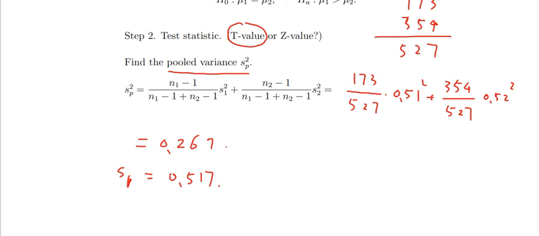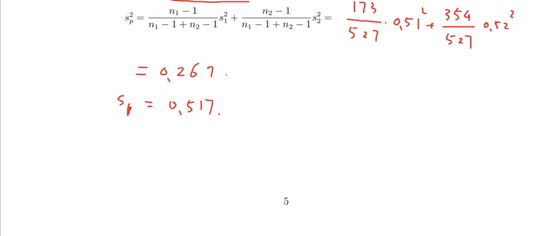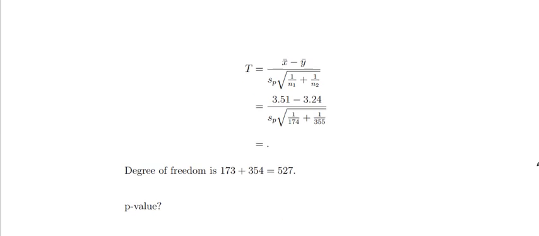Okay, so we can find the t value. Let's put it here. The t value is this, so plug in Sp equals 0.517.